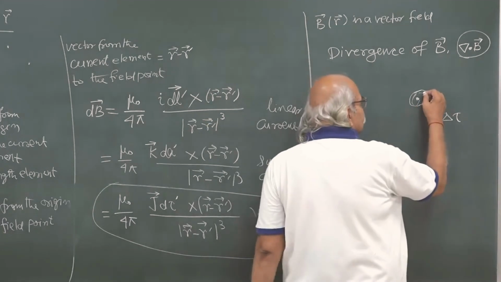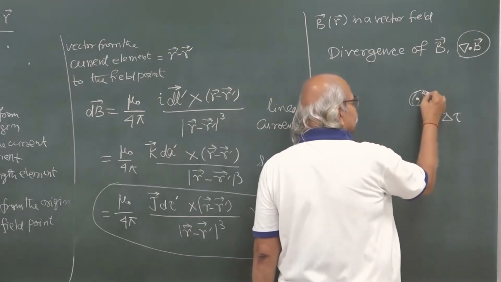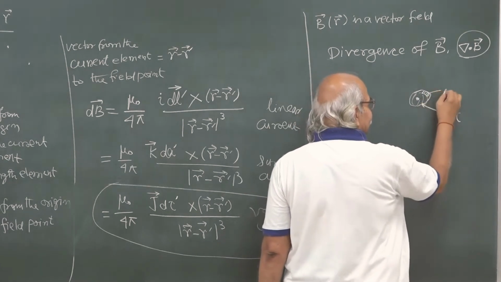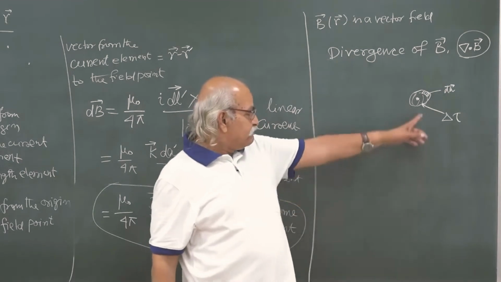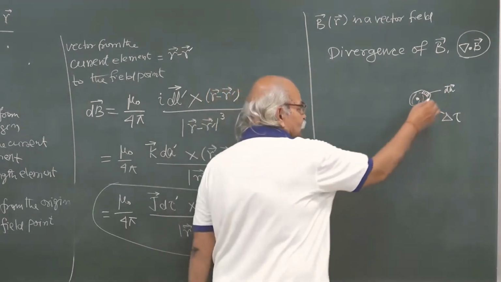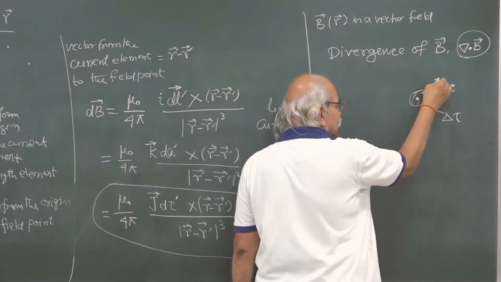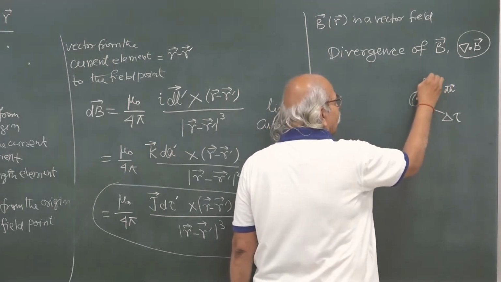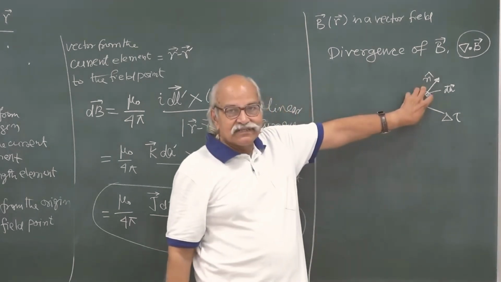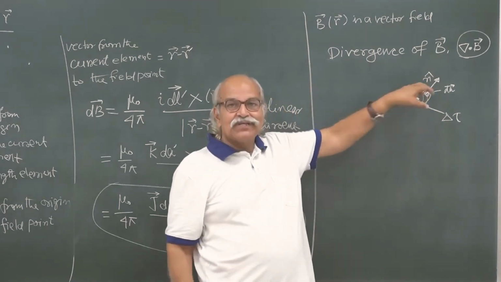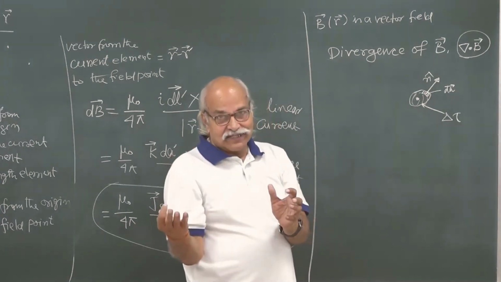On this volume you again take some small surface dA and make this area vector. What is this area vector? You draw a perpendicular, the normal, in the outward direction. Since it is a closed surface, we know what is inside and what is outside.